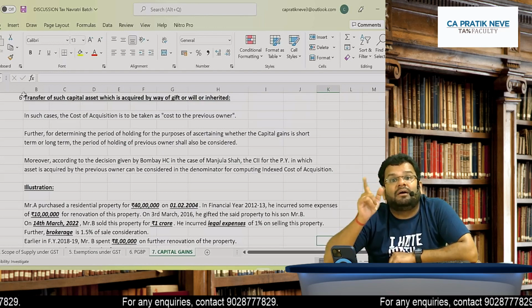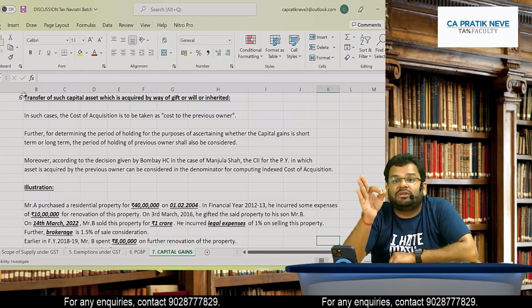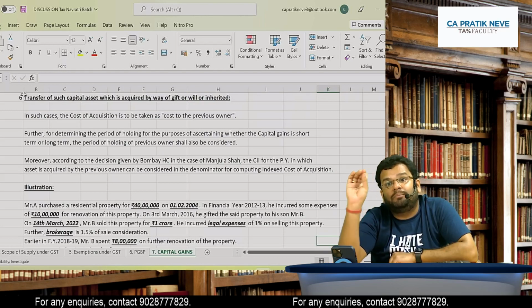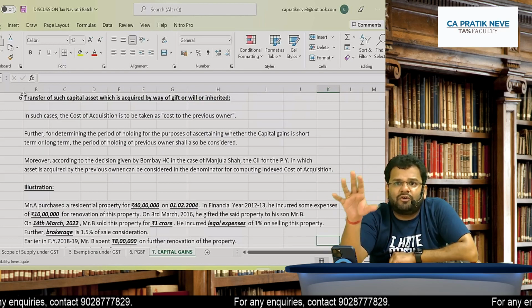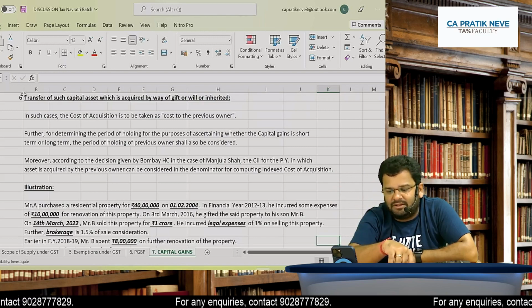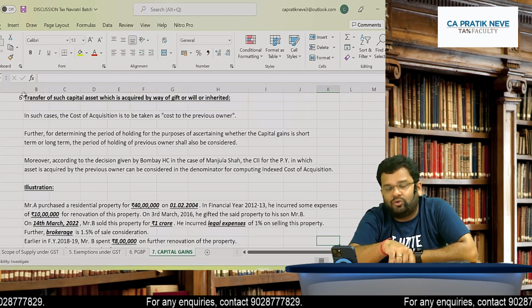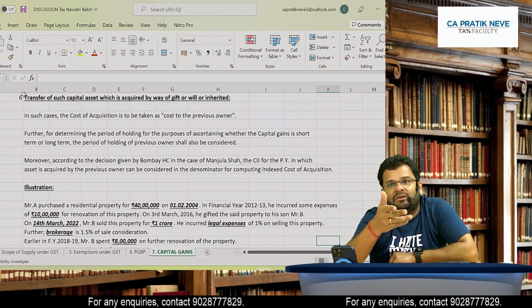But Income Tax Act is kind enough to say that cost of acquisition is cost to the previous owner. So is it a good thing for you or bad thing for you? It's obviously a very good thing for you, because higher the cost of acquisition, better it is, no?